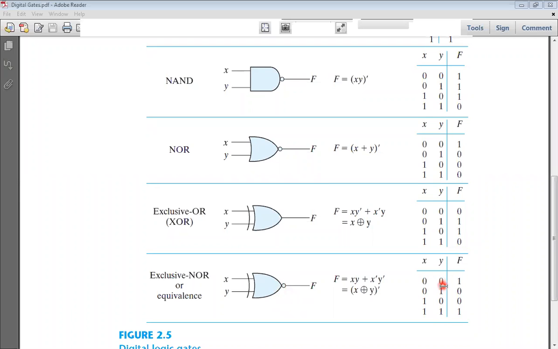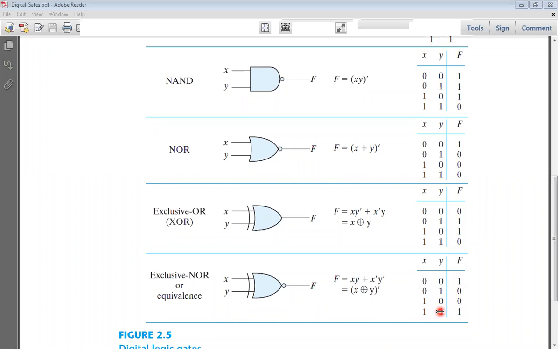If x is 0, y is 0, the output is 1. X is 0, y is 1, the output is 0. X is 1, y is 0, the output is 0. X is 1, y is 1, the output is also 1. Now what you have understood from this truth table is, if both inputs are the same, doesn't matter whether they are 0 or 1, then the exclusive NOR gate produces a high output for 0 0 or for 1 1.